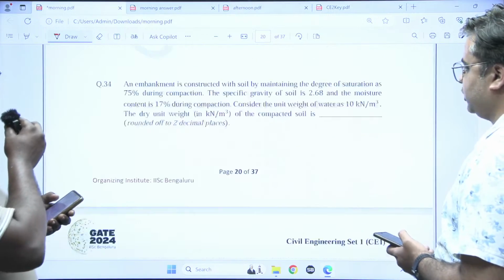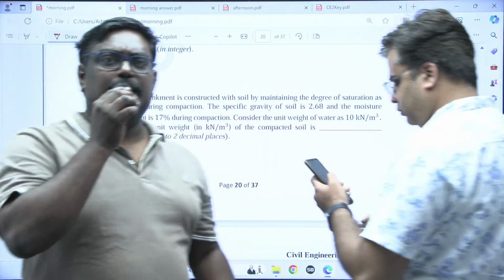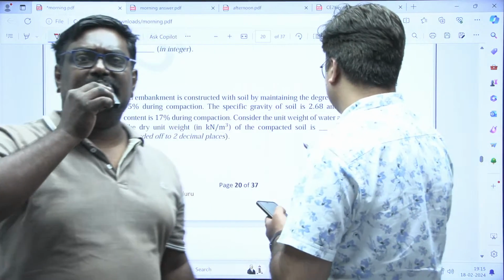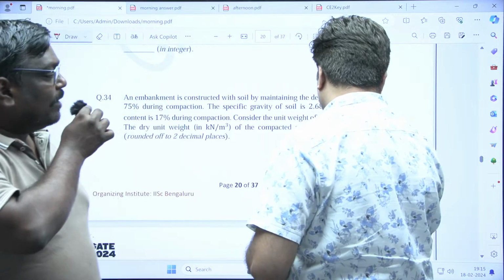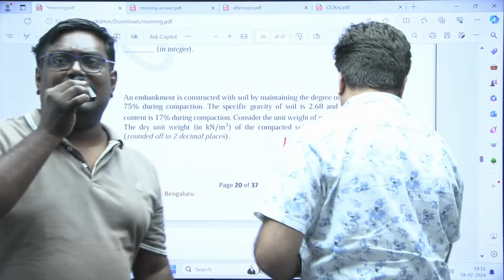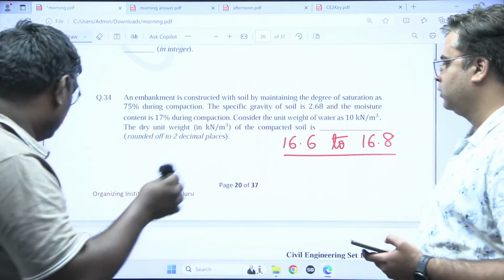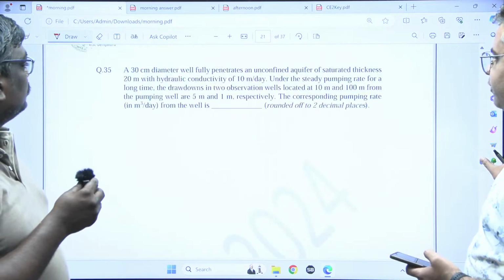Then question number 34. Here we got gamma d as 16.67, and 16.62, 16.80. Whoever has got these answers, it is absolutely correct, and it is the dry unit weight, my dear students. Moving on, you have question number 35.